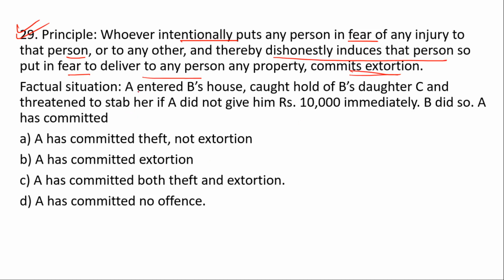So the fact says A enters B's house, catches B's daughter and says that if B did not give him 10,000 rupees immediately, he would stab her, that means threatened to stab her daughter, and out of fear B immediately gave 10,000 rupees. Now A has committed extortion. So the principle's ingredients are all present in this case, that's why A has committed extortion. So option B.